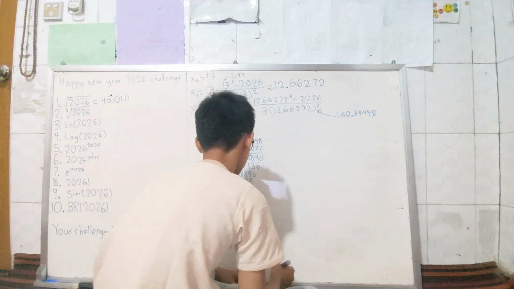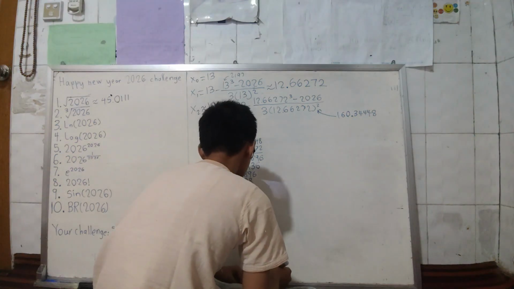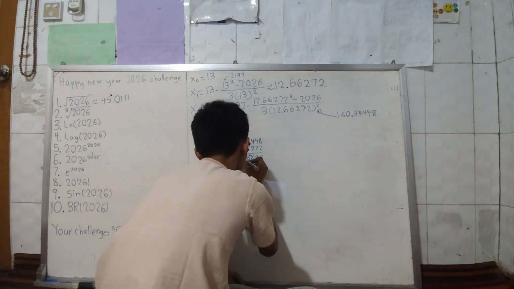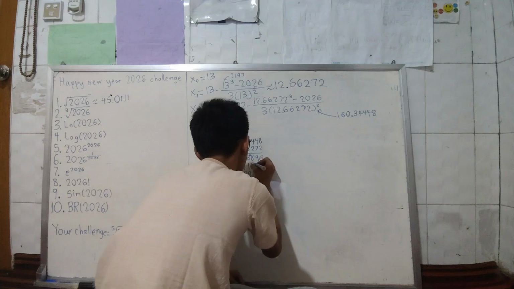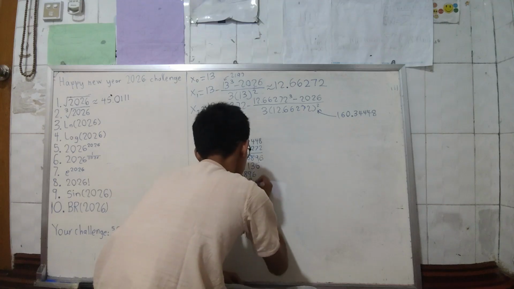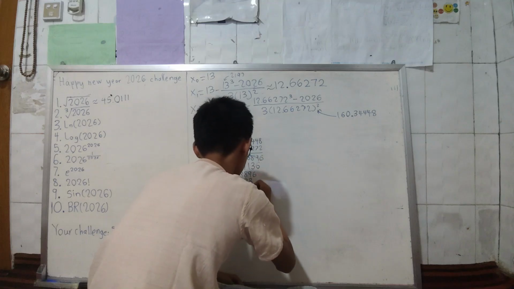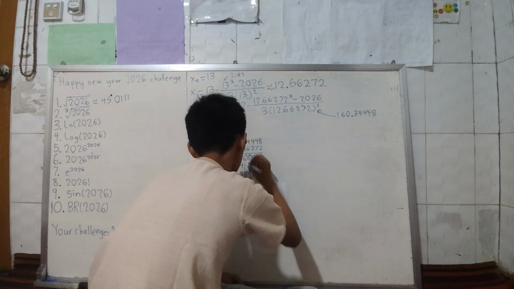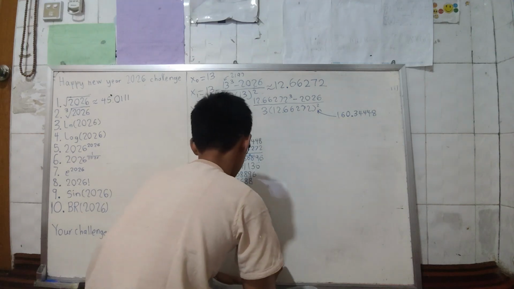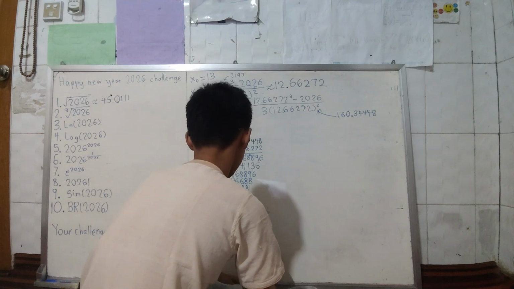And then that's gonna be 6. 8 times is 24, 25, 27, 30, 33. 33 right there. Okay.